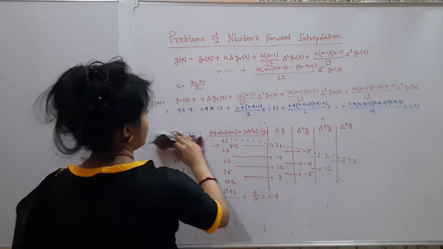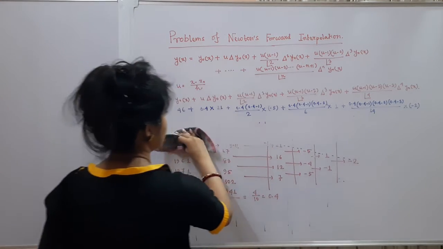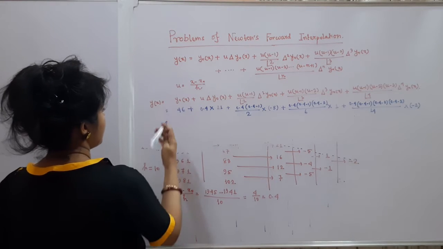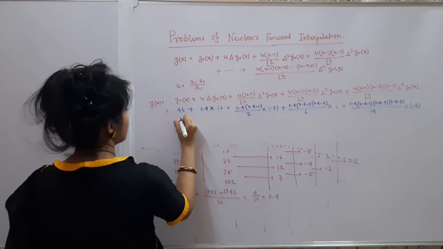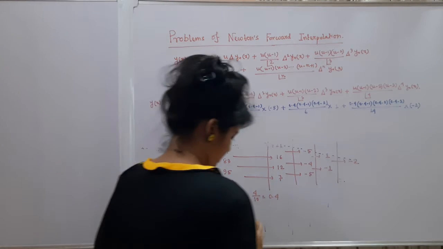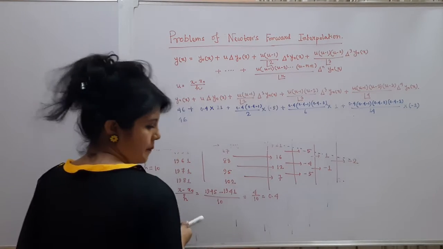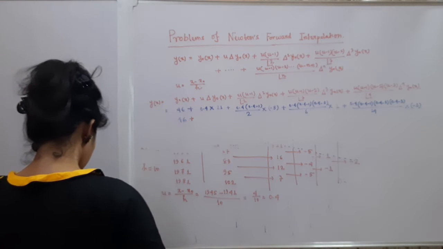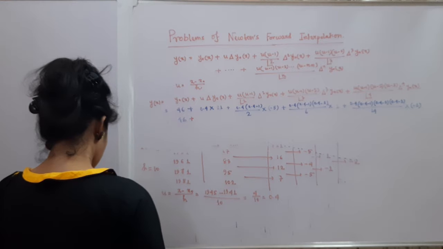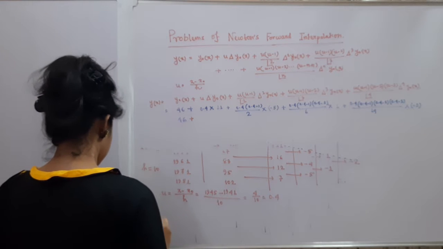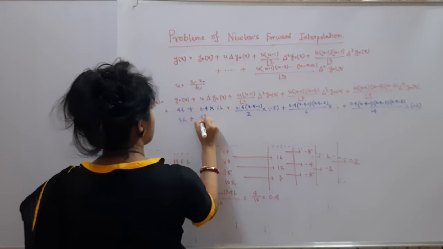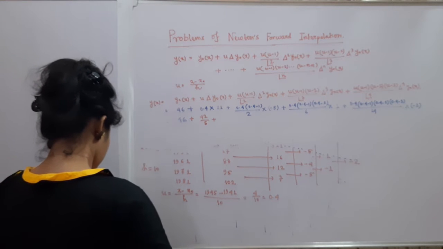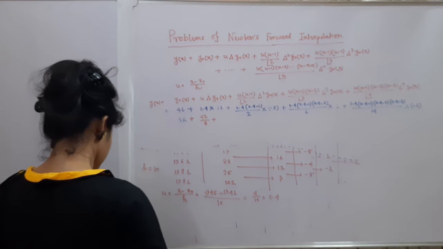Now I am removing this because I have already substituted the values. Now let me calculate this. So that is 46 plus 0.4 into 21, that is 42 by 5, plus 0.4 minus 1.